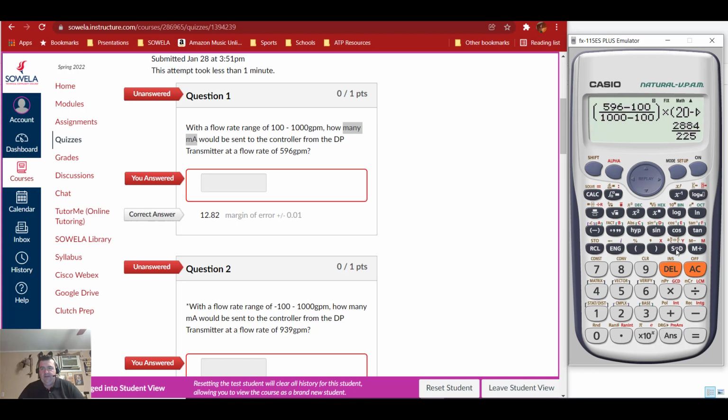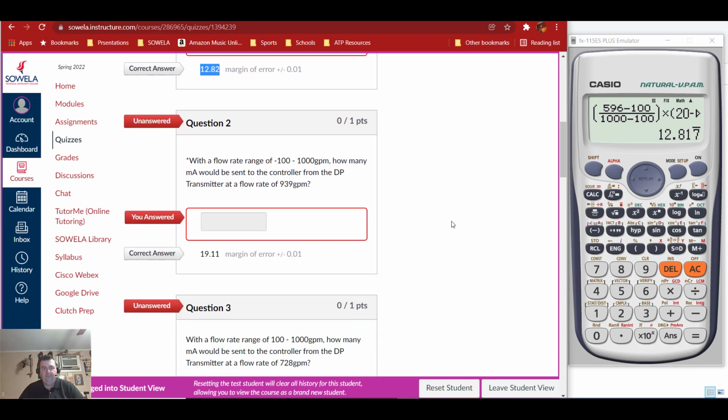It equals, hit your S to D button, which is standard to decimal, and that gives us 12.817, and we're going to round to the second number after the decimal place. So as you see here, that gives us 12.82.